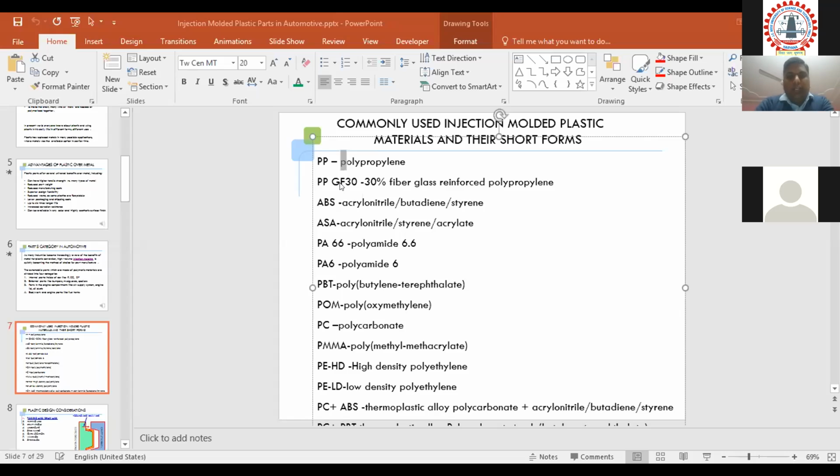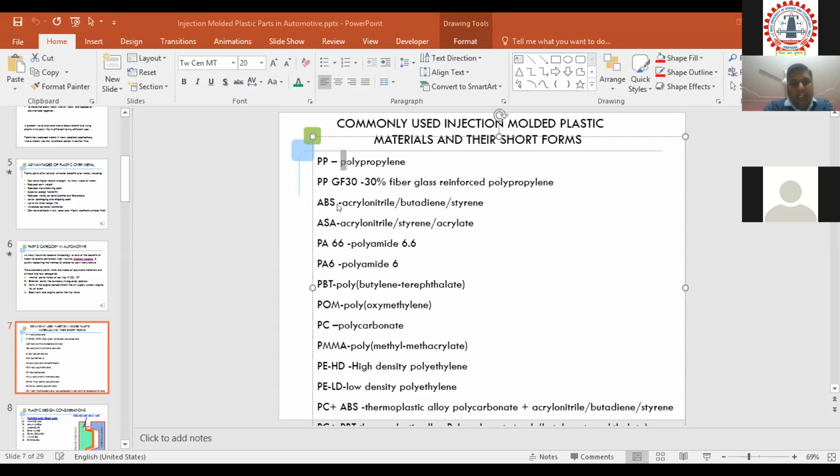Sometimes we use mineral also as a filler to improve the properties of the basic material. When we add glass in the PP, this improves the stiffness of the material. It makes the material unscratchable. Those kinds of things we can have.